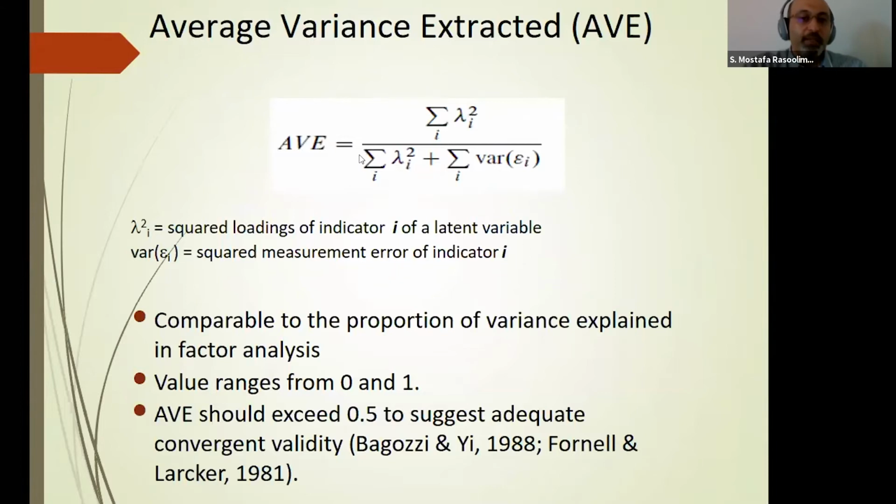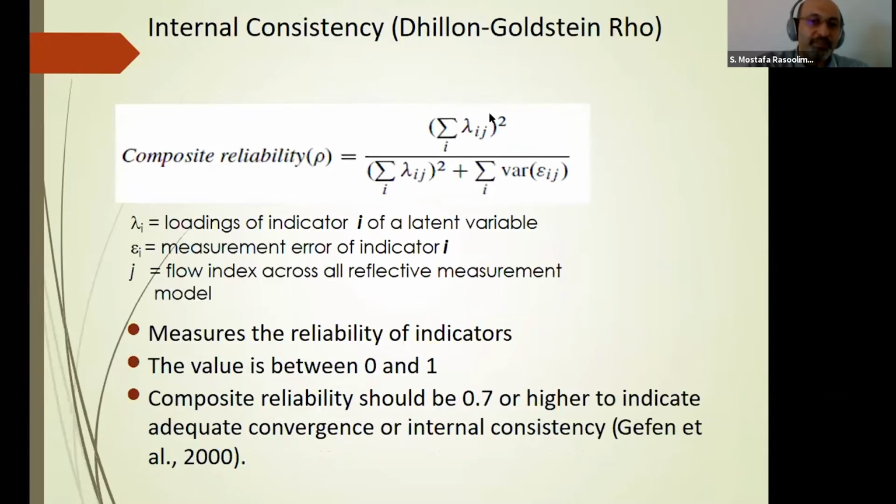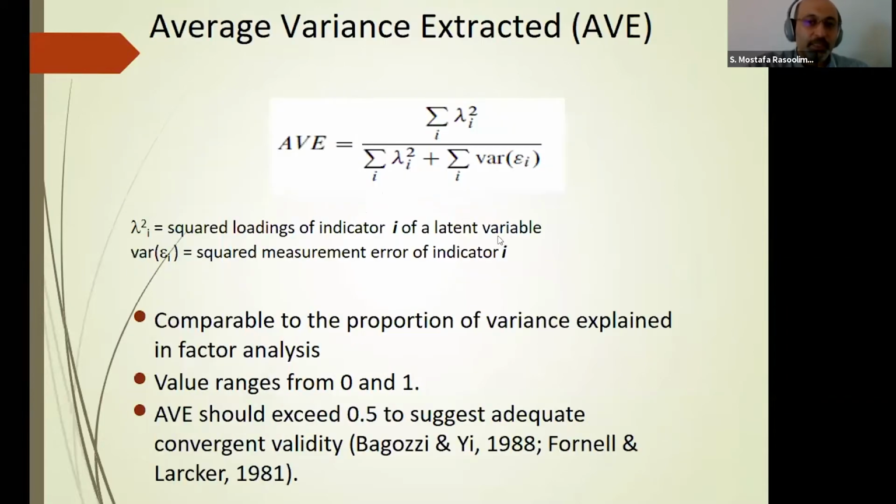This is the formula for AVE. So here you can see again AVE's formula is a bit different from composite reliability. It is again based on loading, and this value actually presents the average common variance of items.